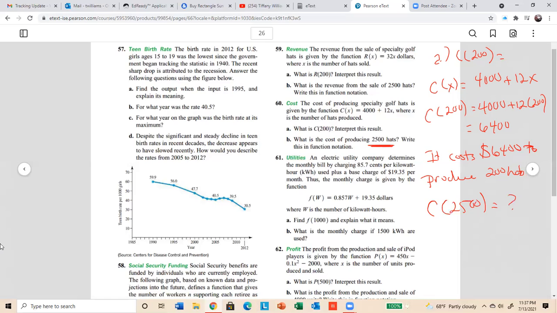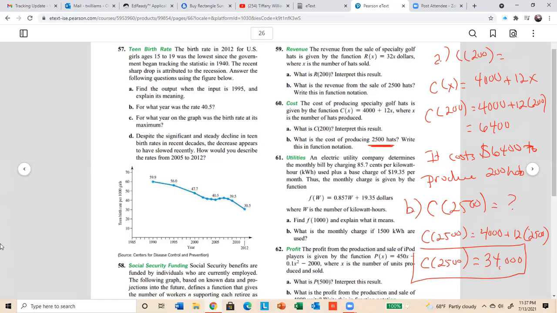I'm just going to plug 2,500 in for x and work it out. So C of 2,500 equals 4,000 plus 12 times 2,500. Oh, this is part B. C of 2,500, if I work that out, we get 34,000. So that's the answer in function notation. 2,500 hats is going to cost us $34,000.